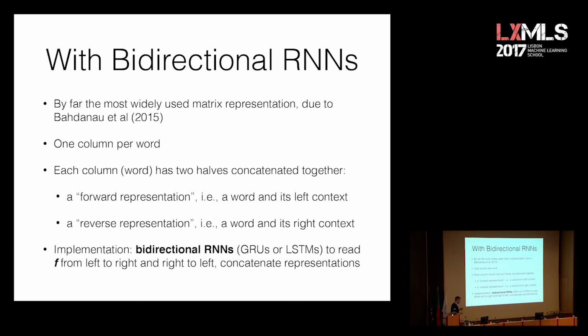Another thing you can do with bidirectional RNNs is if you take the final state of both of those RNNs, you've got, in some sense, a vector encoding the experience of reading the sentence from left to right, and in the other, the reverse direction, the experience of learning things from right to left.